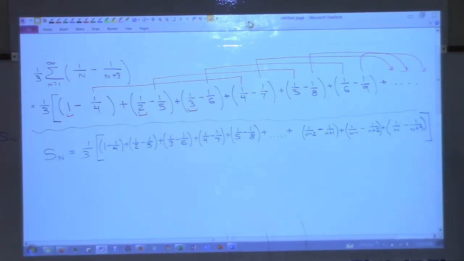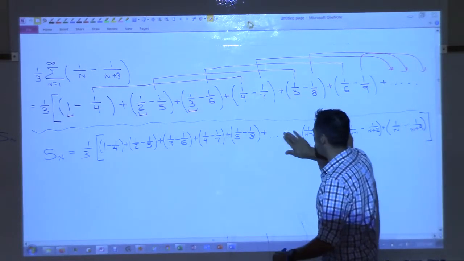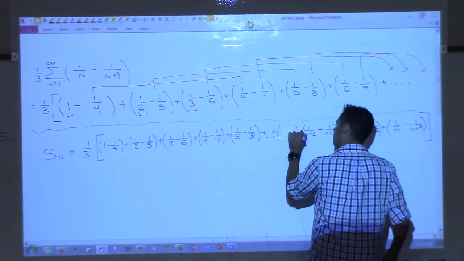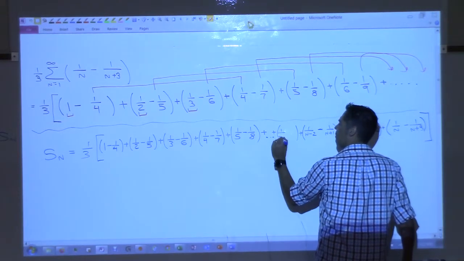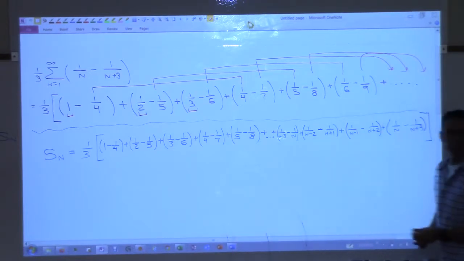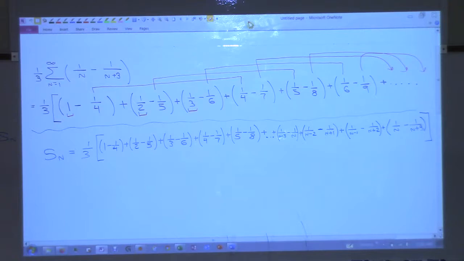I don't think I have enough to establish the pattern. I've got to go one more back. I didn't give myself quite enough room. Just remember there's dot, dot, dot in here. What's the one right there? 1 over n minus 3 minus 1 over n. Do you all agree that that's the nth partial sum? It's not pretty, but do you all agree that's what it is?